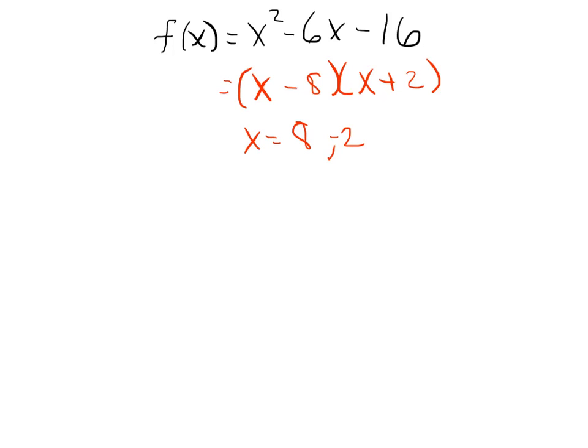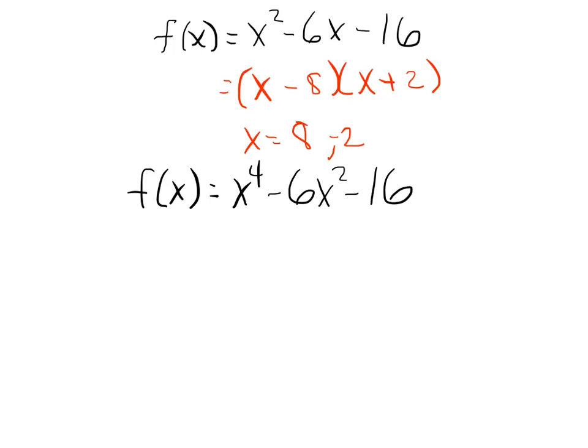But what if I change this equation? What if I originally gave f of x equals x to the fourth minus 6x squared minus 16? First thing, people might get a little stumped on that, but it follows exactly the same pattern. So my factors would be x squared minus 8 times x squared plus 2.